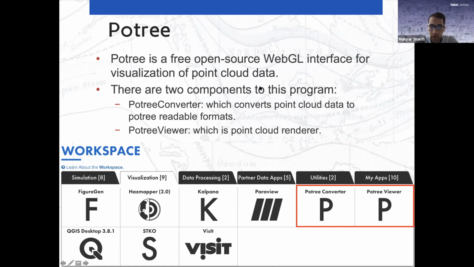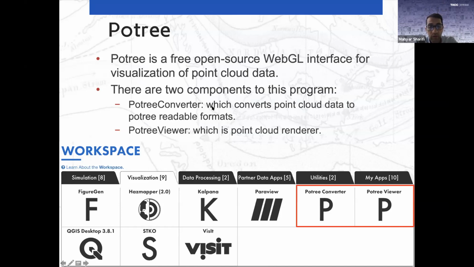Generally, these point cloud files are in LAS format. There are other types of point cloud formats, but the non-proprietary formats are LAS and the compressed version of it, LAZ. Both of those types of files can be converted in the Potree application.